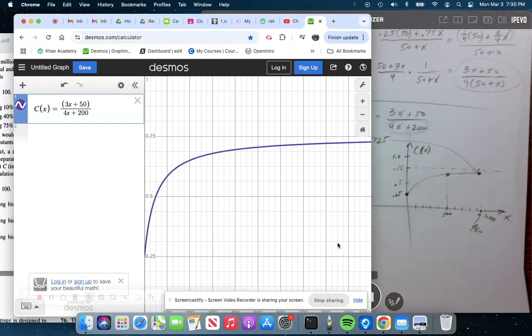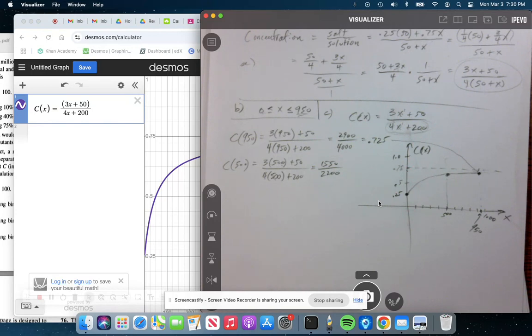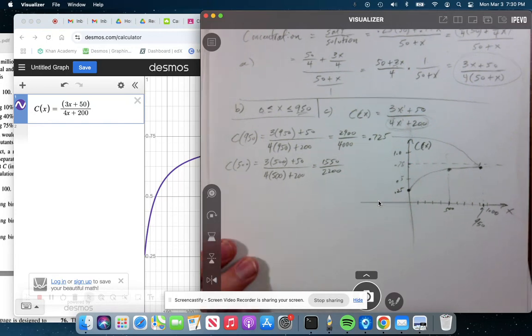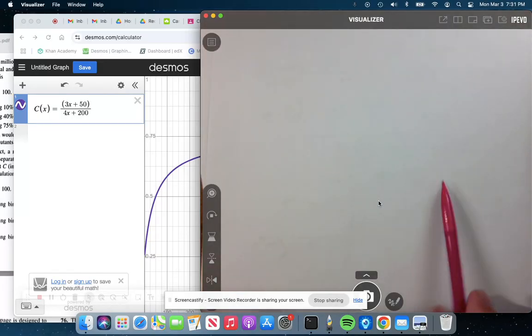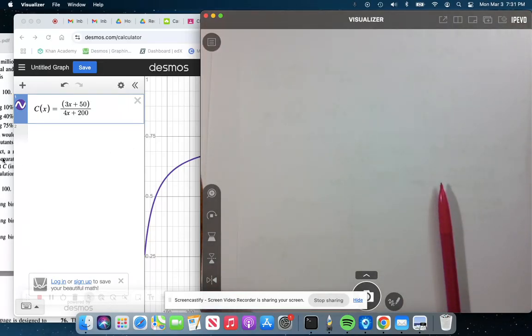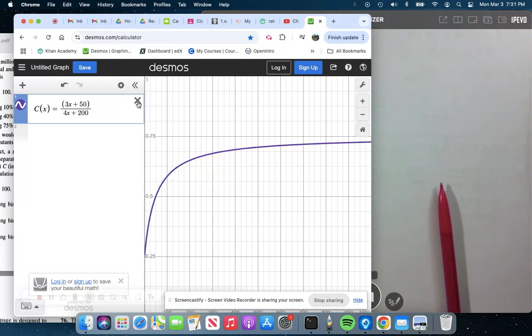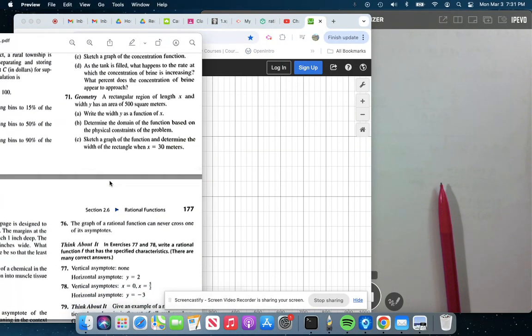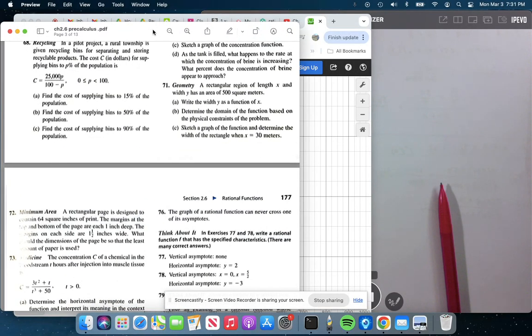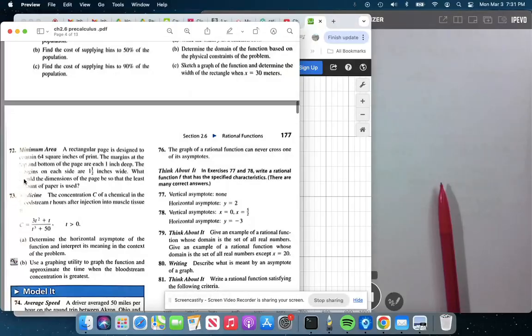All right, so that's one example of an application of these. There are many other types of applications. I'm going to do one more. So the next one I'm going to do is 72. Let me get rid of that. All right, it's kind of hard to read.